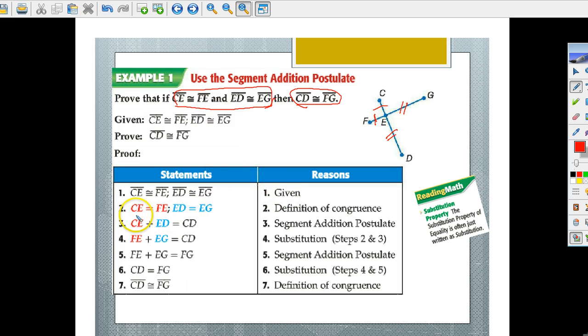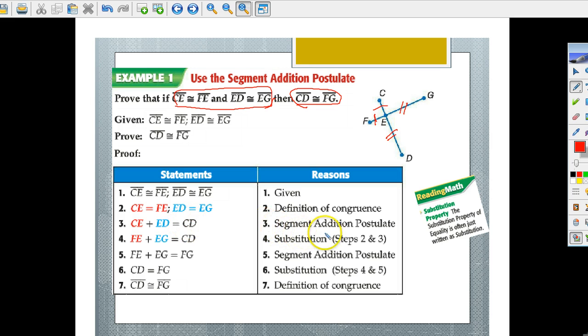Second part, definition of congruence. If the line segments are congruent, then CE is congruent to FE, and line segment DE is congruent to line segment EG. That means ED is congruent to EG. That's the definition of congruence. Now, CE plus ED equals CD.